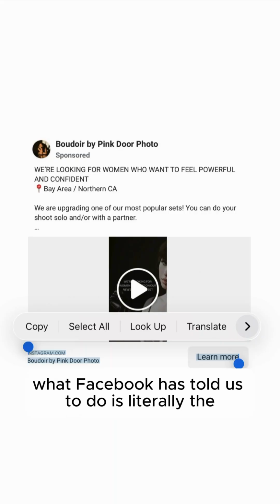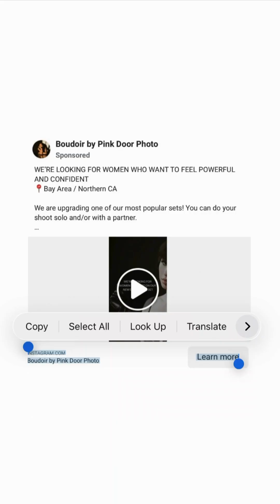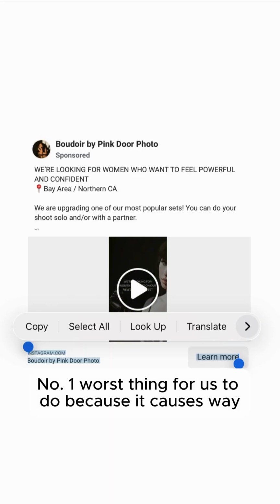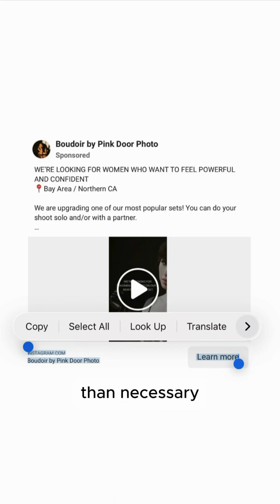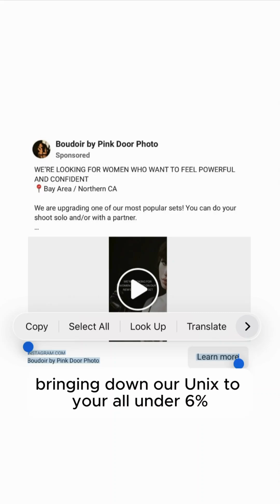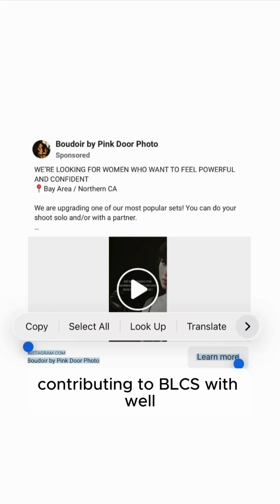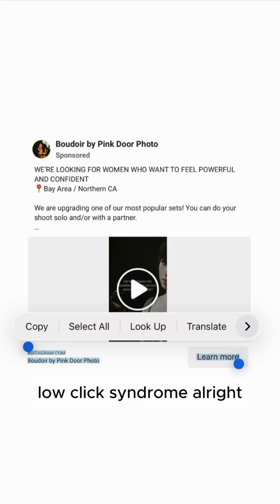And following what Facebook has told us to do is literally the number one worst thing for us to do, because it causes way, way, way more women to scroll by our Boudoir Facebook ads than necessary, bringing down our unique CTR under 6%, contributing to BLCS, Boudoir low-click syndrome.